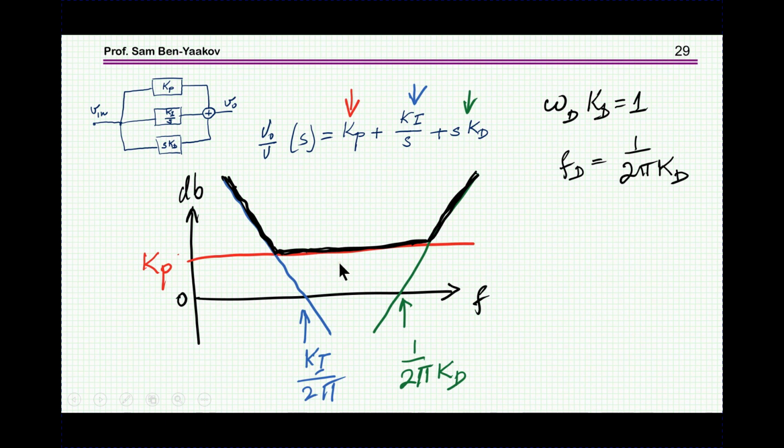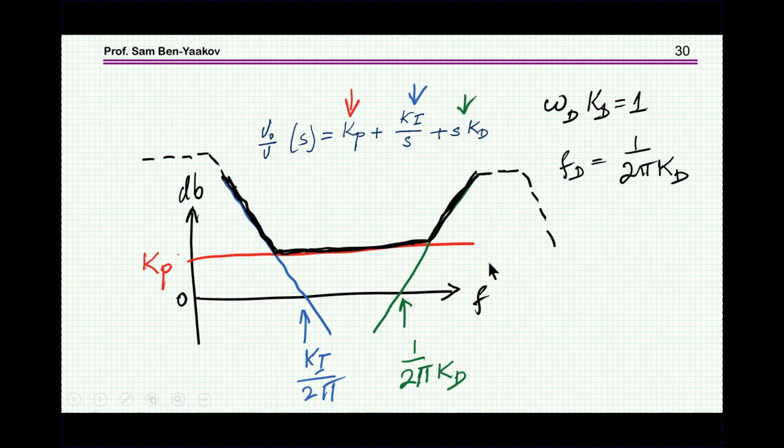This is an asymptotic approximation of the curve itself, and this is in fact the PID compensator. We have here like a bucket, and this is the integral part, this is the proportional, and this is the derivative. And now, using the method that I've shown before, you can use this for controlling or closing the loop.